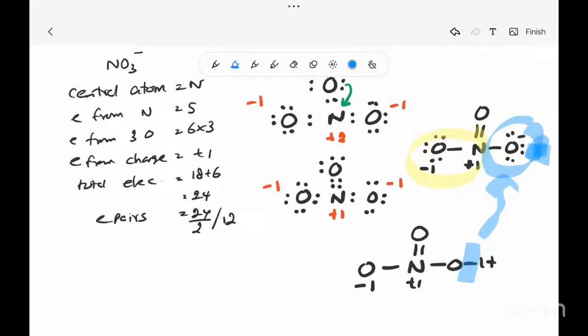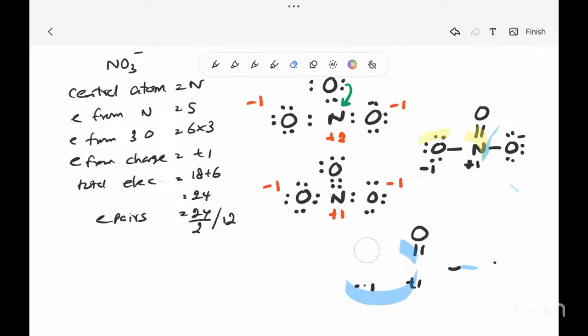Right. So this is a dative bond then. That's why plus one and minus one is there. The other oxygen atom's minus charge is because of the bond cleavage or bond disassociation. Right? So you can see the Lewis dot dash structure for NO3 minus ions. Okay.